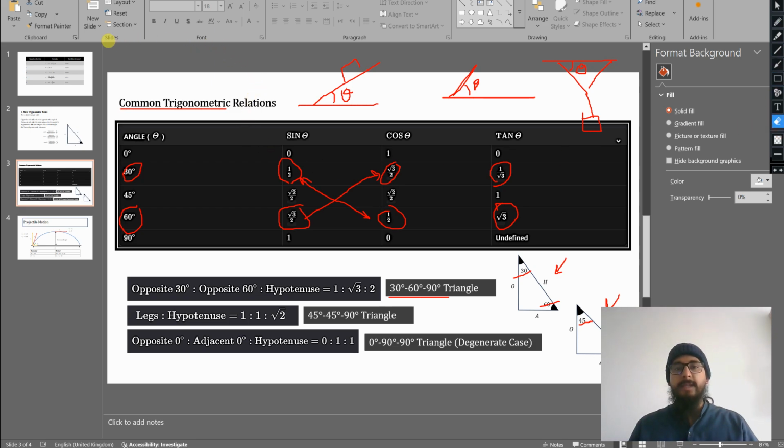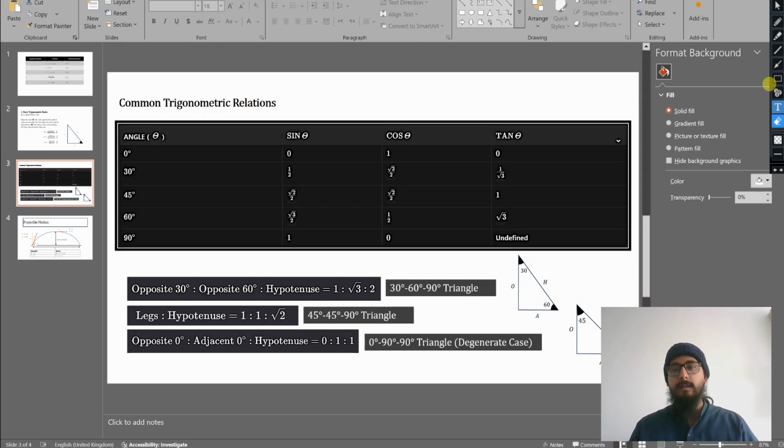Now for the second case, which is the 45 degree right angle triangle, it is my favorite right angle triangle because in this one the adjacent and opposite sides are equal. So the opposite side is equal to the adjacent side.